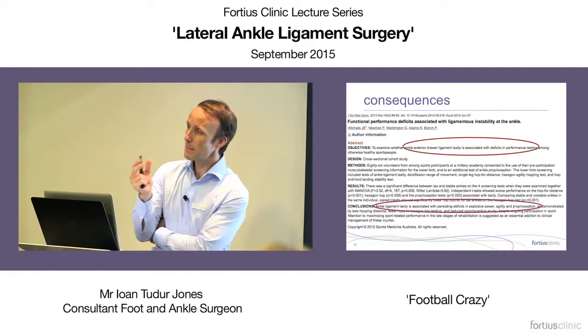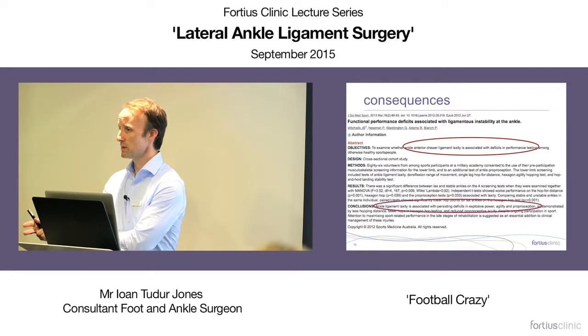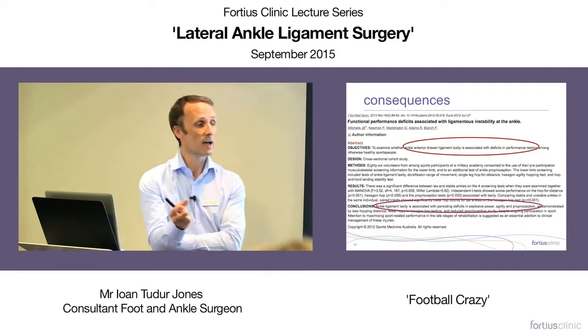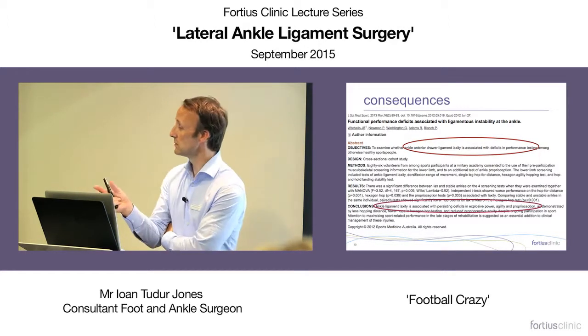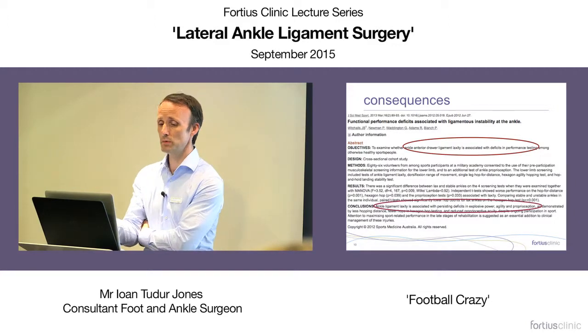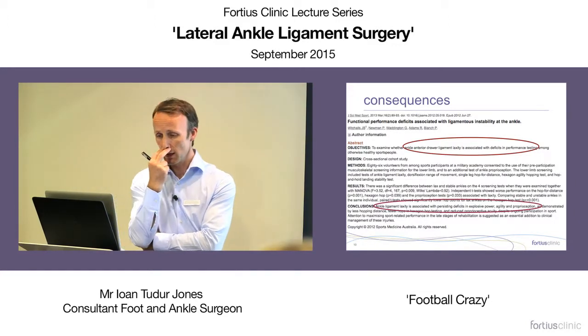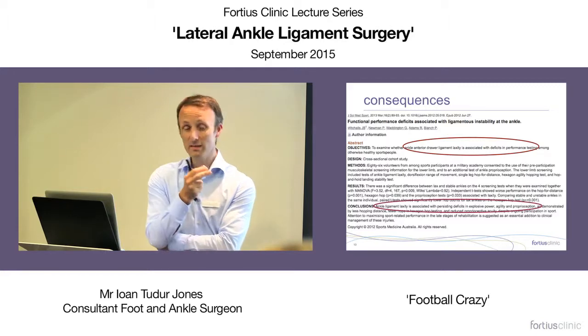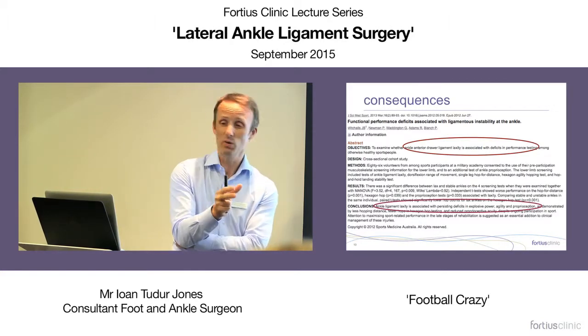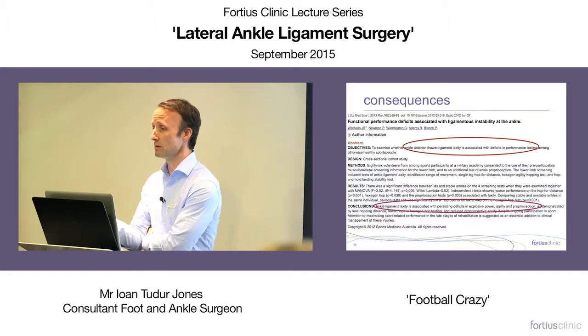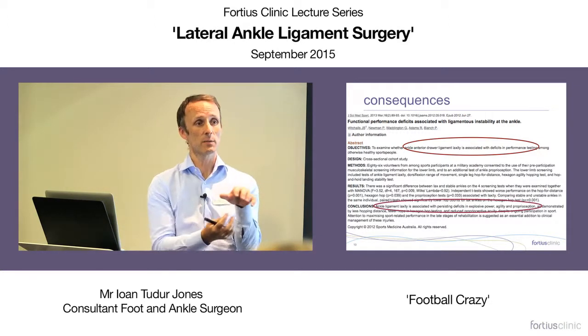So what happens when you have a ligament sprain, an ATFL tear? What happens to your function? What happens to your proprioception? Well, this is a really nice study from Australia, where they basically took high school athletes, which is what most of these are based on, and they picked all the ones that had an unstable anterior drawer.